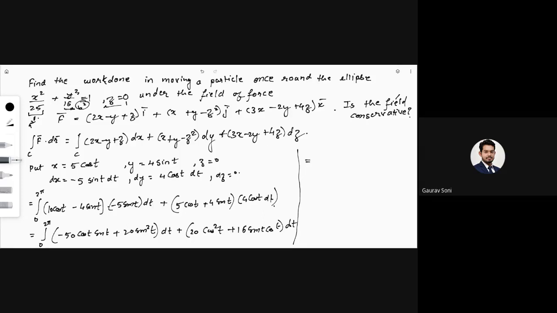Minus 50 and there is plus 16. So integral 0 to 2 pi, minus 50 plus 16, that is going to be minus 34 sin t cos t. And from these two terms I can take 20 common, sin square plus cos square will become 1. So plus 20 dt.